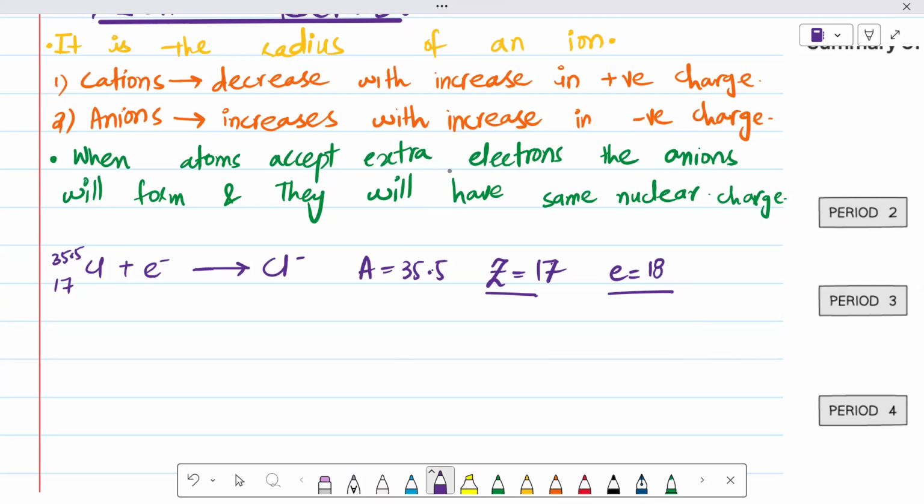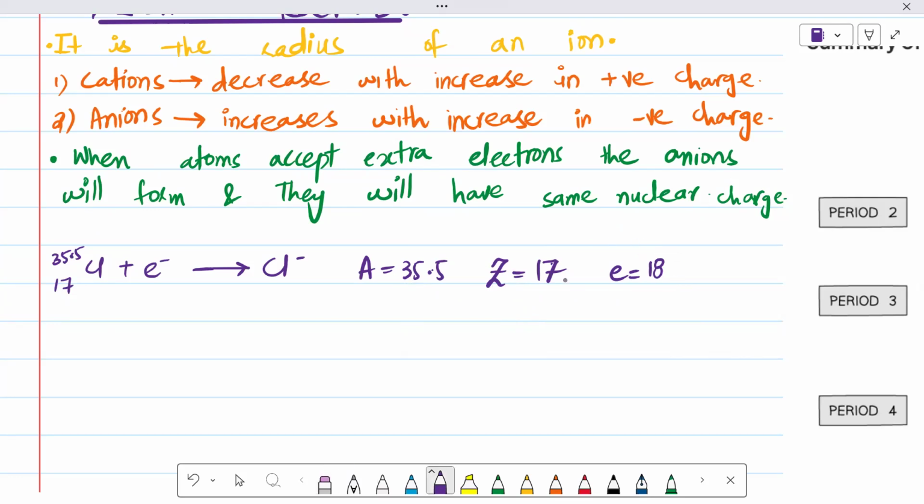When there are extra electrons in your anions, your nuclear charge will remain same. Your proton number will remain same. That will be 17. So if you have 17 protons, and now if you compare what is more, electrons are more, and when electrons are more, what will happen? There will be more repulsion. These electrons will arrange themselves in different shells.